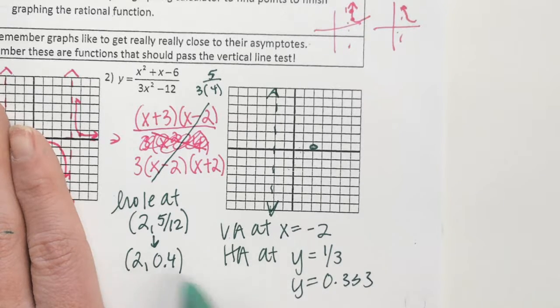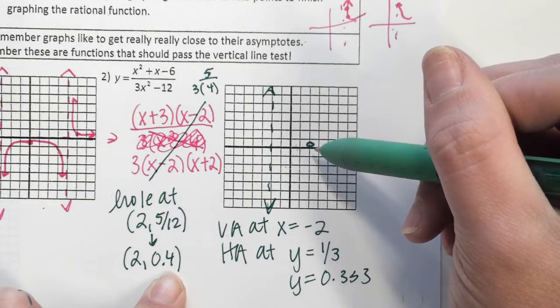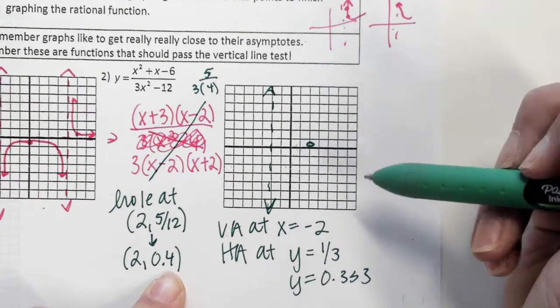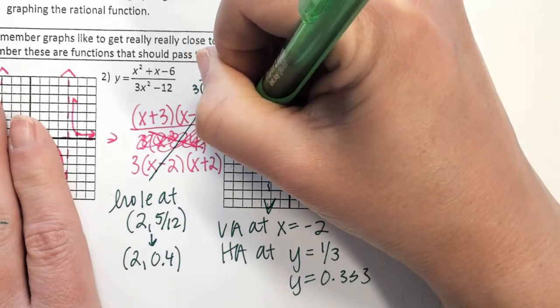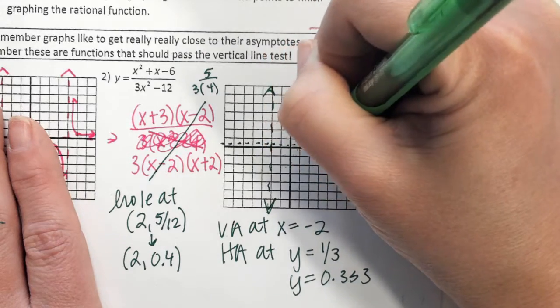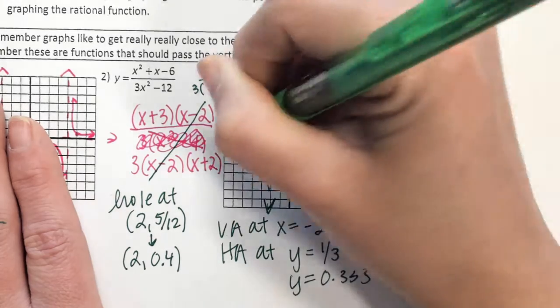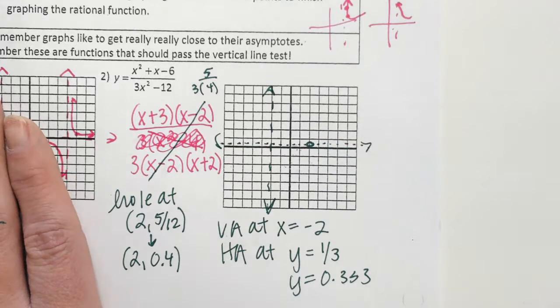So which one's bigger? 0.4. So this dot, keep in mind, is actually above my asymptote I'm about to draw, even though it might not look like it. So y equals 1/3 is this line. And that hole is actually above it. Our graph's so tiny that you can't really tell.